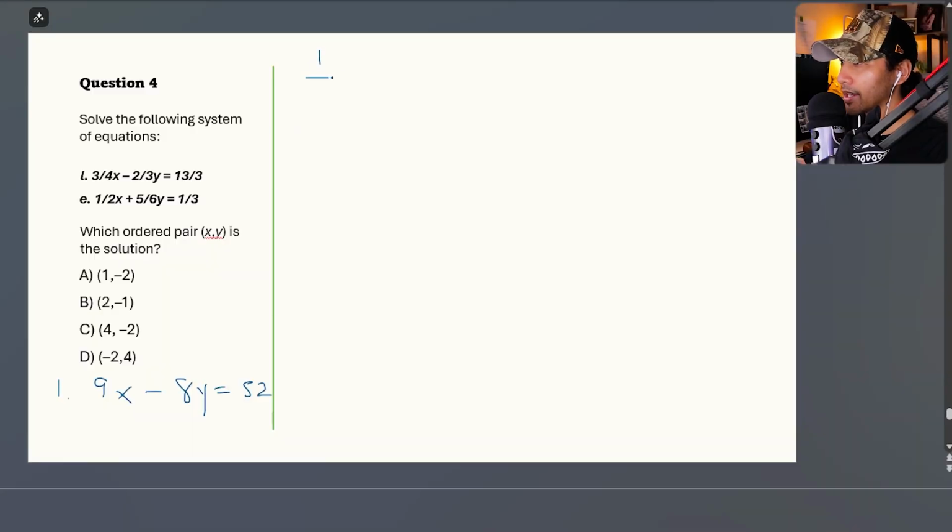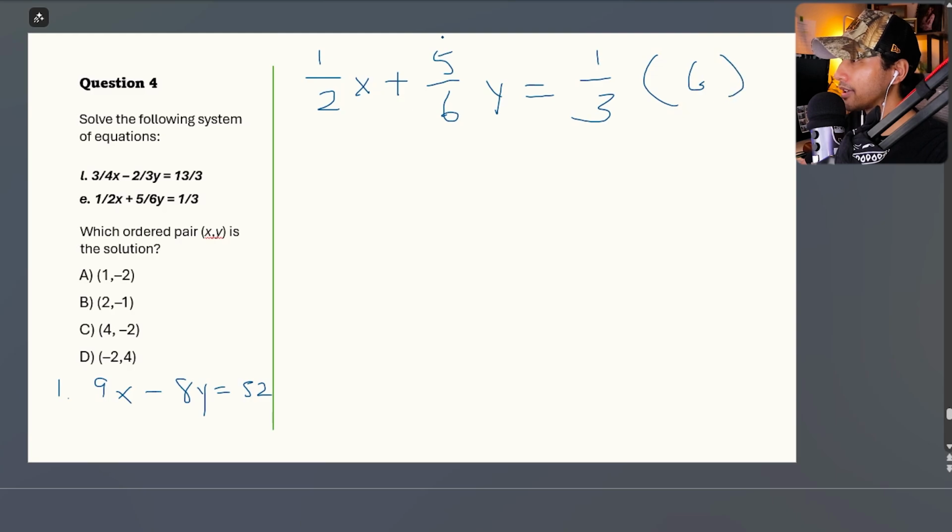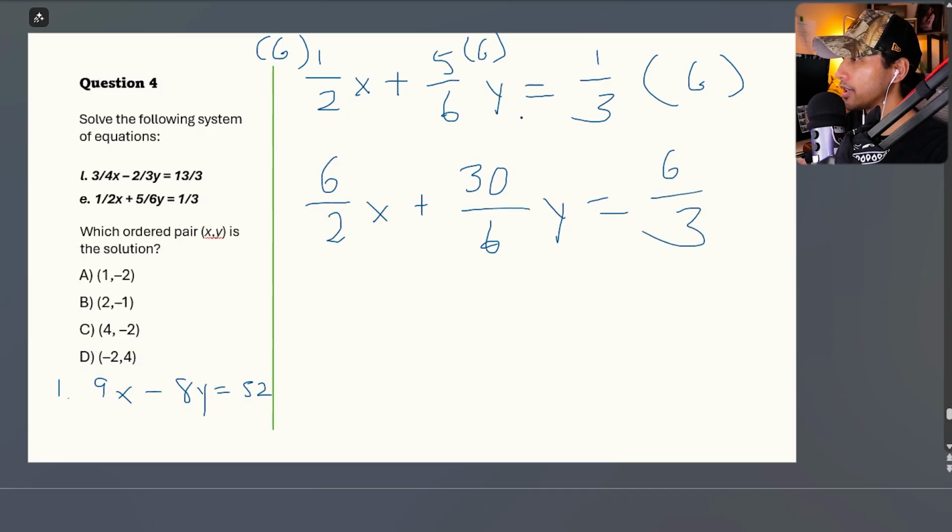Okay, so next we have 1/2 x plus 5/6 y equals 1/3. The least common denominator here is 6, so I'm going to multiply everything by 6. Then we get 6 over 2x plus 30 over 6y equals 6 over 3.